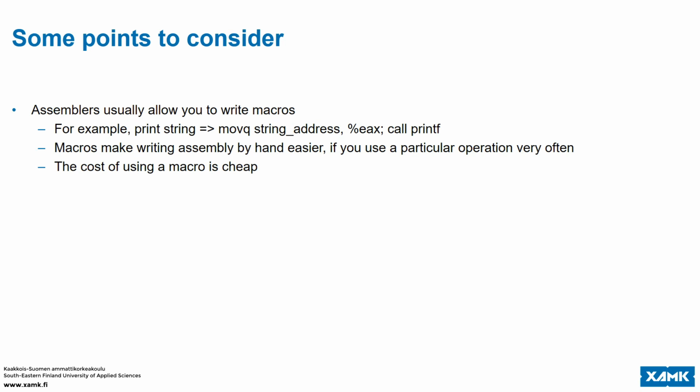Another real-world complication could be that assemblers usually allow you to write using macros. For example, you can write small functions that shorten code if it happens many times in the program code. The cost of using macros is cheap, therefore these kinds of macros in assembly make sense.